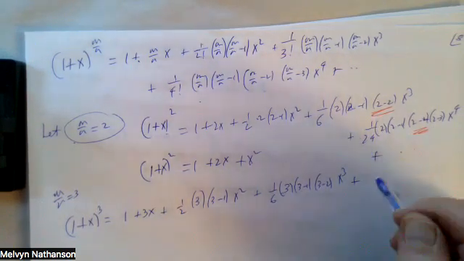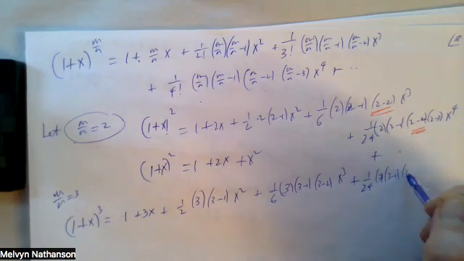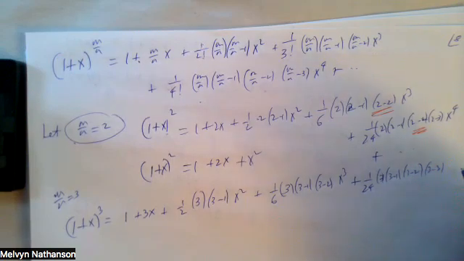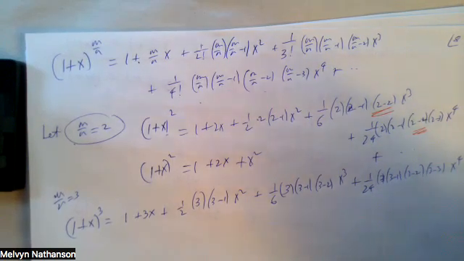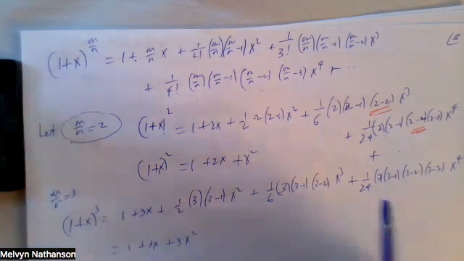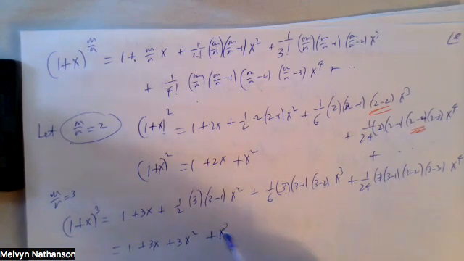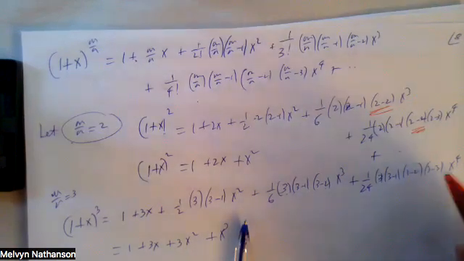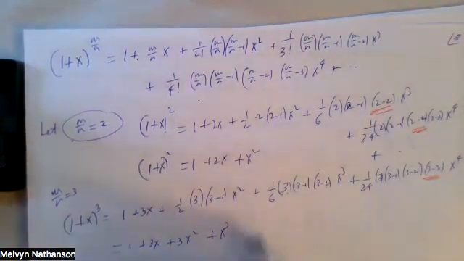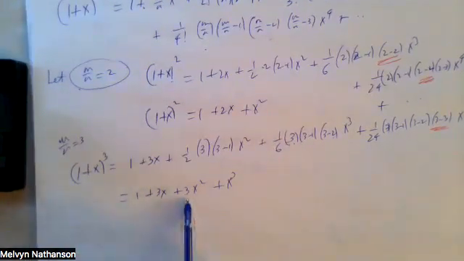Plus 1 over 4 factorial, 1 over 24, times 3, (3 minus 1), (3 minus 2), (3 minus 3), x to the fourth, and so on. So this is 1 plus 3x. This is 3 times 2 over 2, which is 3x squared. This is 3 times 2 times 1, which is 6 over 6, which is 1, x cubed. And here, 3 minus 3 is 0. So the next term is 0, and every successive term is going to be 0. So I do recover exactly what we know.